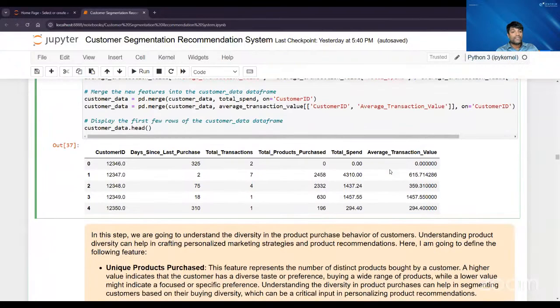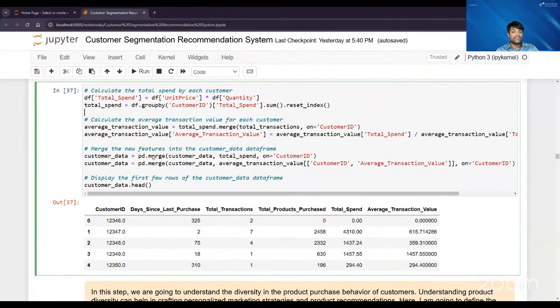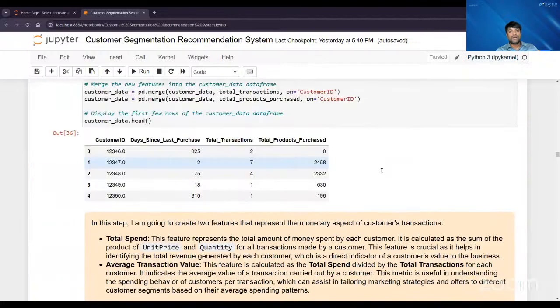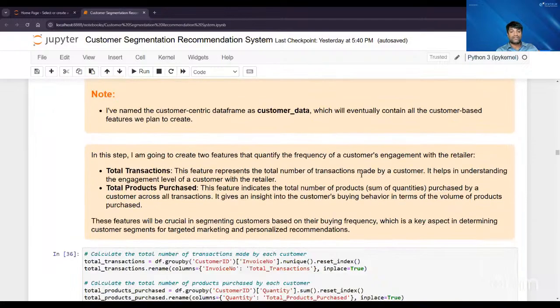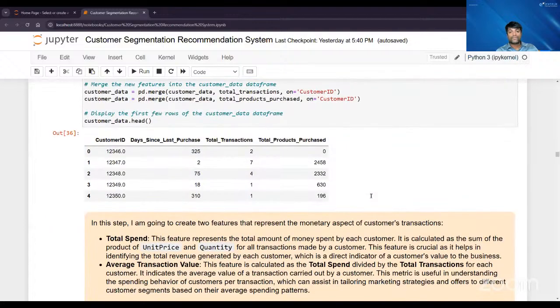Now we are merging that also with the above data set we have got. The first data is the one with the days since his last purchase. We have merged this data frame with this next piece of code, where it is merged with the total transactions and the total products purchased.